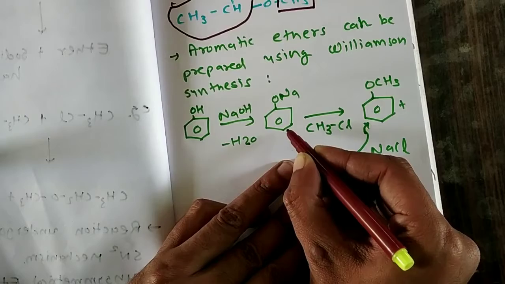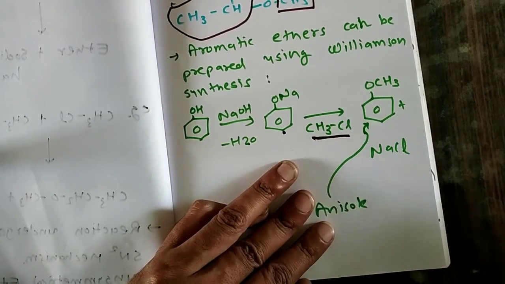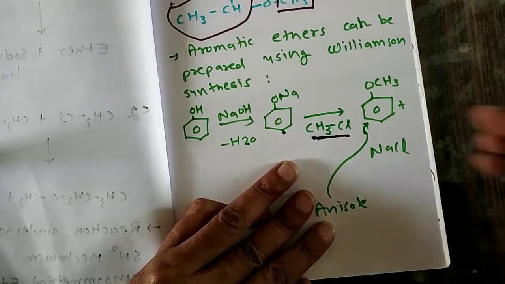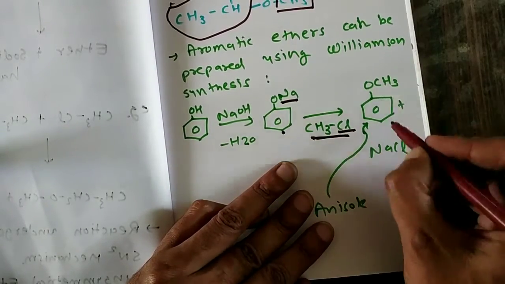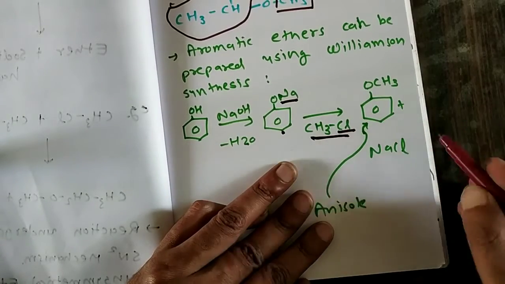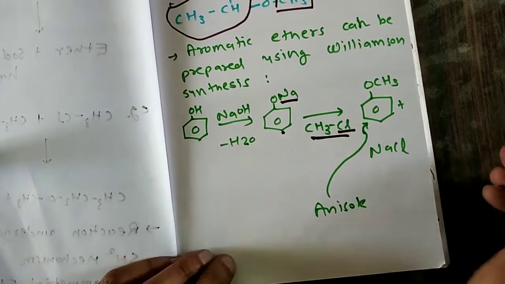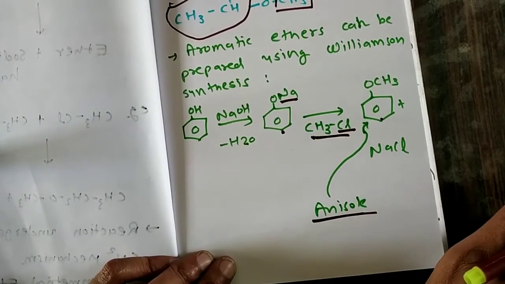This one is our sodium phenoxide. When it reacts with alkyl halide CH3Cl, remove Na and Cl, it gives us ether, benzene with OCH3 on it, plus NaCl, that is our byproduct. Now the name of this compound we have already learned, it is anisole.